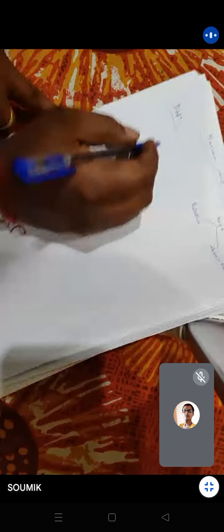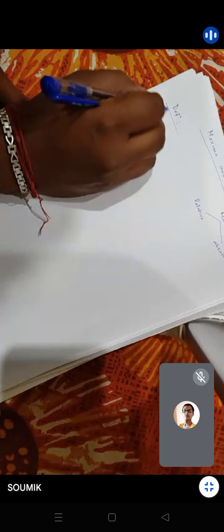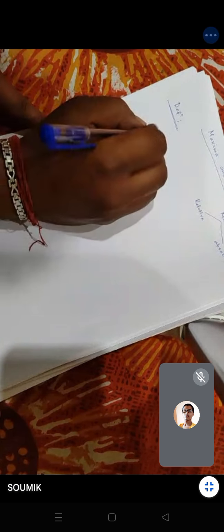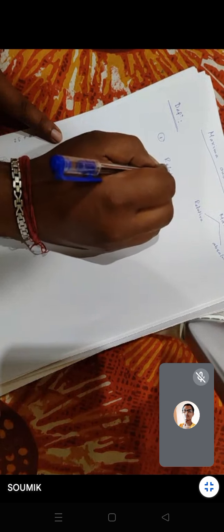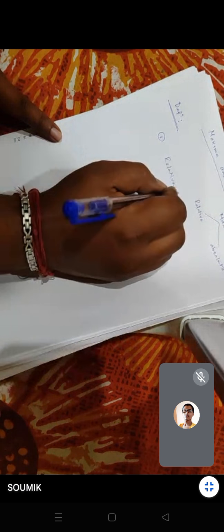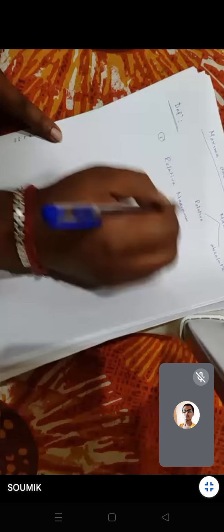So first of all, we are going to the definition of relative maximum. Relative maximum means the maximum is not the overall maximum.